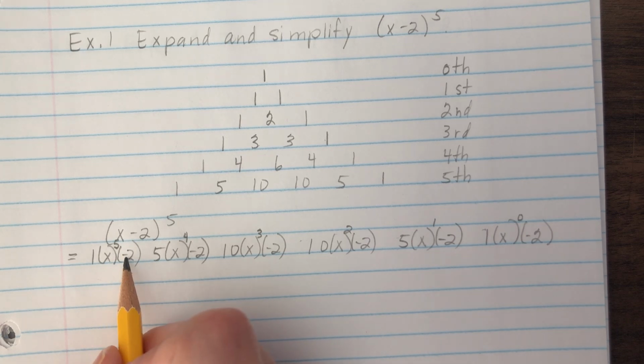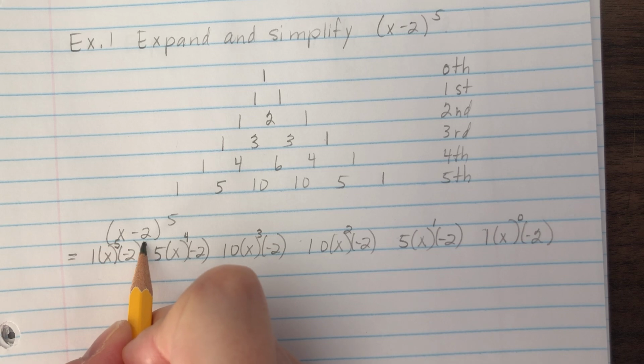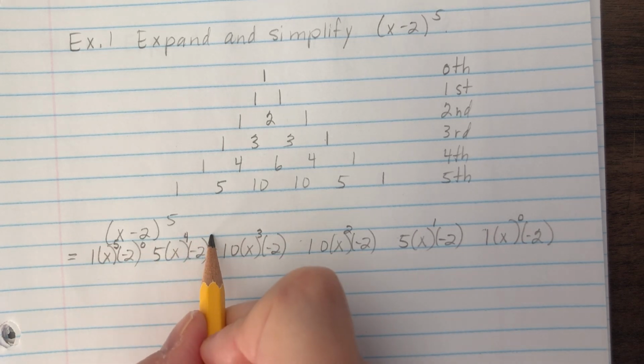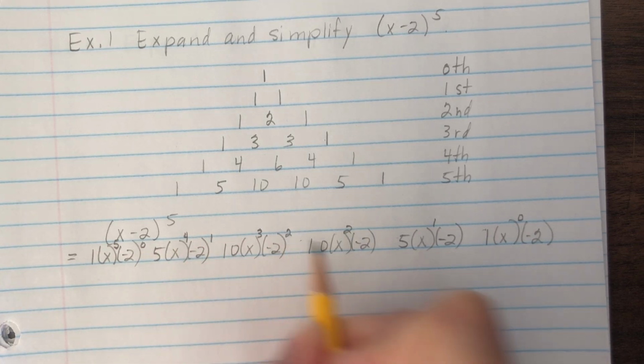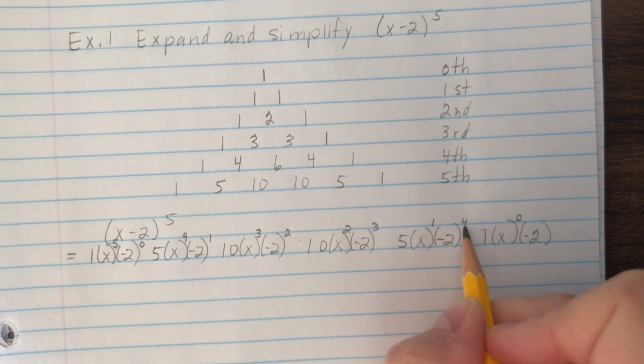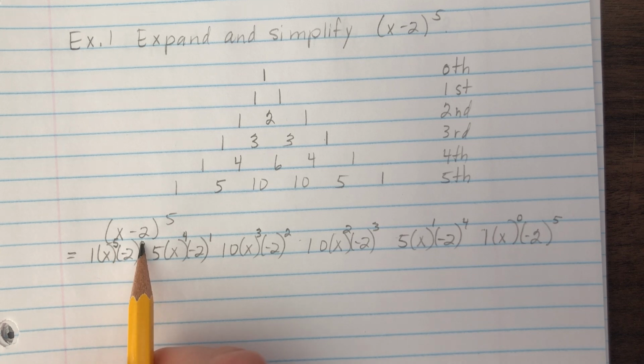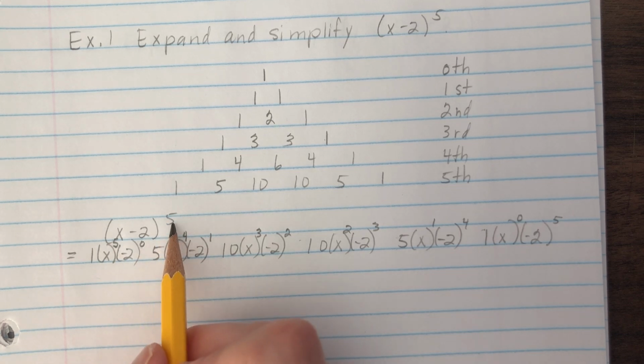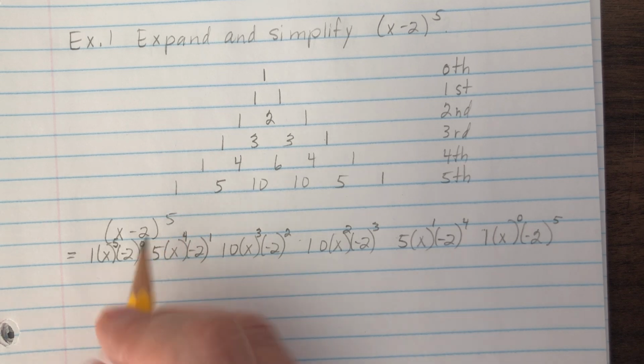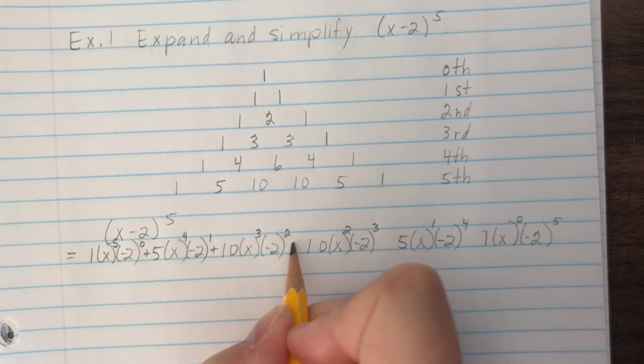For the -2 term, you're going to start with 0 and increase by 1. So the next term will have an exponent of 1, then 2, then 3, then 4, and 5. The sum of the exponents has to add up to 5, and that 5 corresponds to the exponent in the question. Okay? And then you can write plus in between.